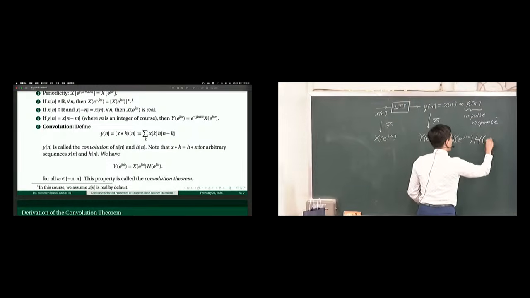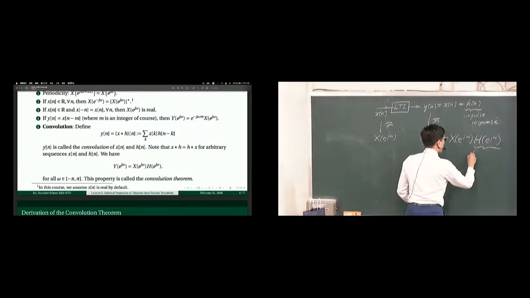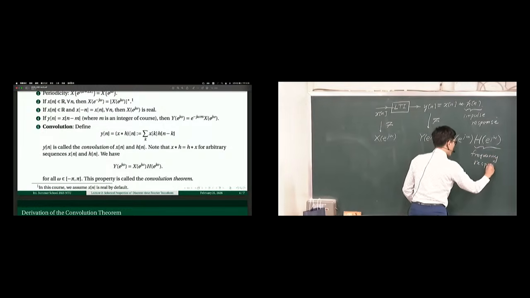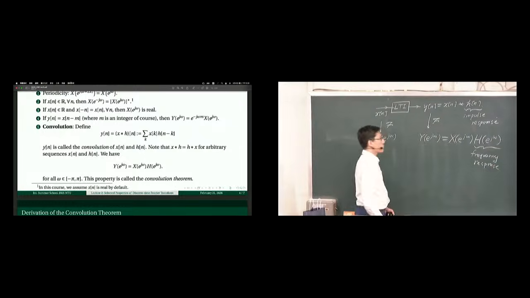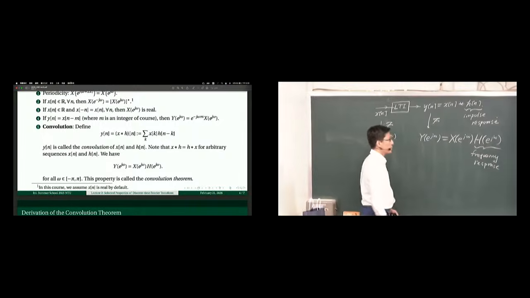The Fourier transform of the impulse response can be regarded as the frequency response of the system, which gives rise to a gain, a magnitude, and a phase.